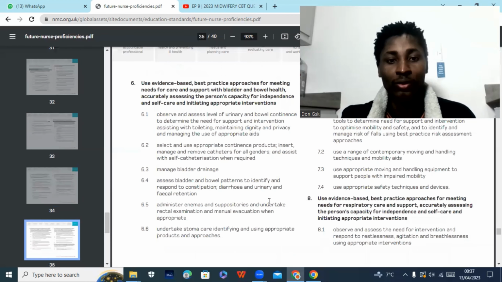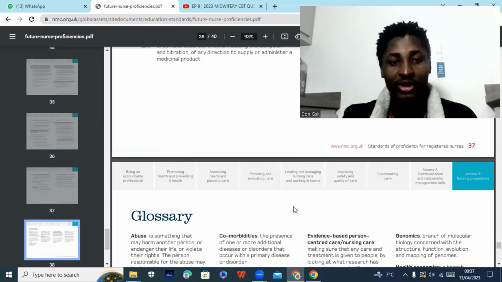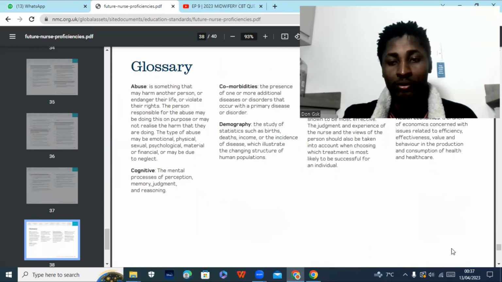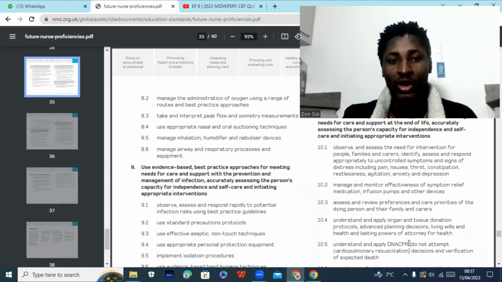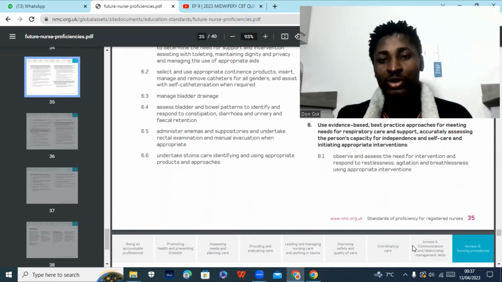All right, so this is what I wanted to share with you today. Then once you go down, they define most of the keywords in the file. There are not that many though. So I hope this will help you in your studies, and it will direct you on how to tailor your studies.